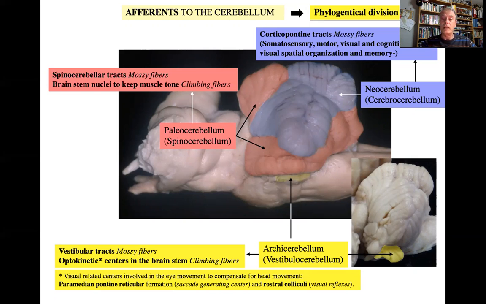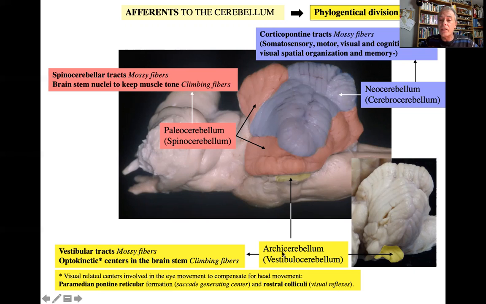It's important, and to keep the tone of the muscles, and to receive most of the information from the spinal cord. The neocerebellum or cerebrocerebellum receives just mossy fibers, no climbing fibers, and from corticopontine tracts, and is involved in cognitive areas, visual, motor, somatosensory, etc.